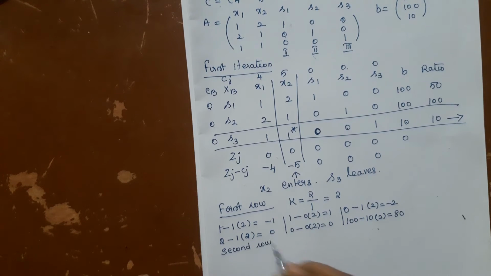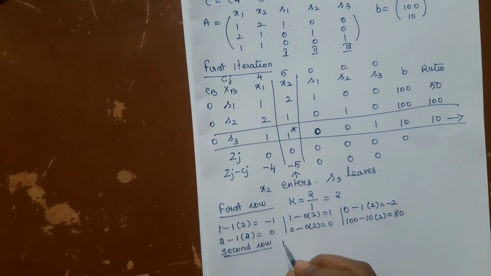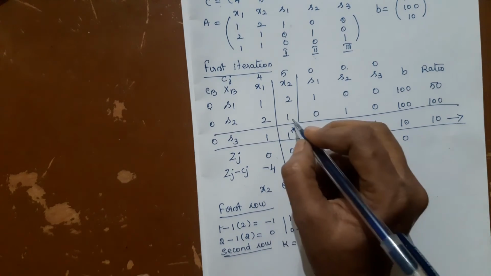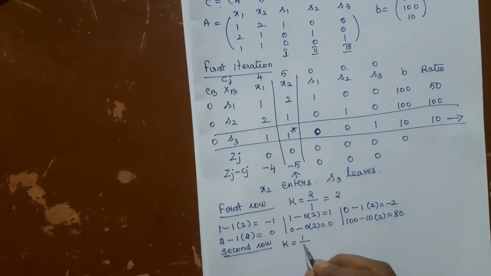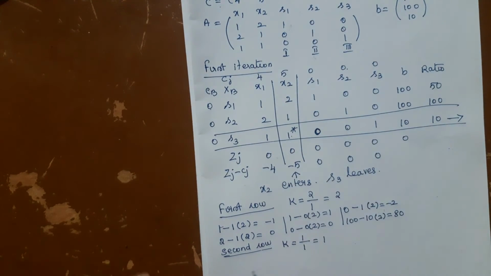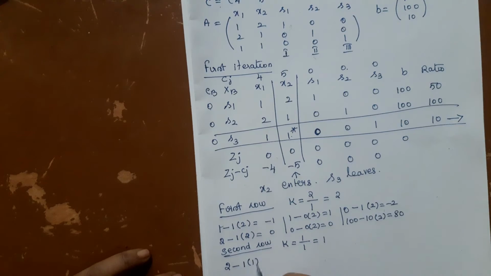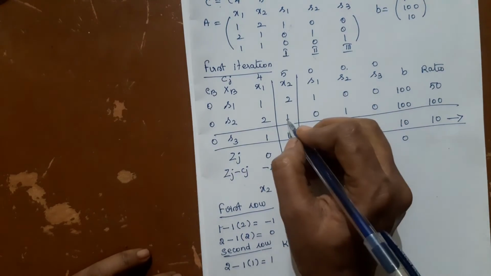Now go to the second row. The second row is also not a key row. So compute k, the value in the key column divided by the key number. See, this value by 1 is 1. Now old value minus corresponding value in the key row into constant: 2 minus 1 is 1.